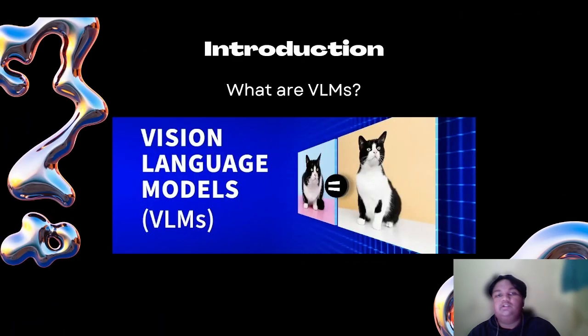The first is introduction. What are VLMs? VLM stands for vision language model. Have you ever thought about the basic human ability? We can connect what we see with what we understand through language. For example, if you see this photo, you can instantly understand what it is, you can describe it, and you can ask questions about it.